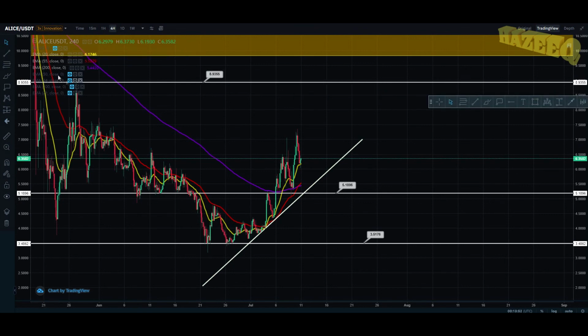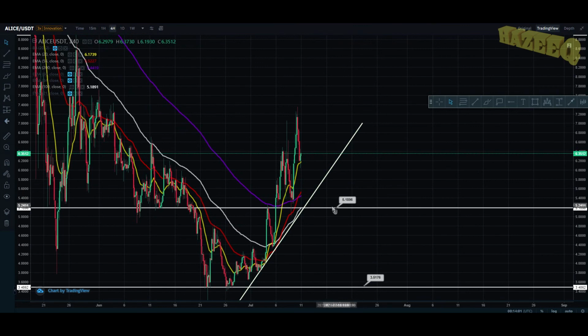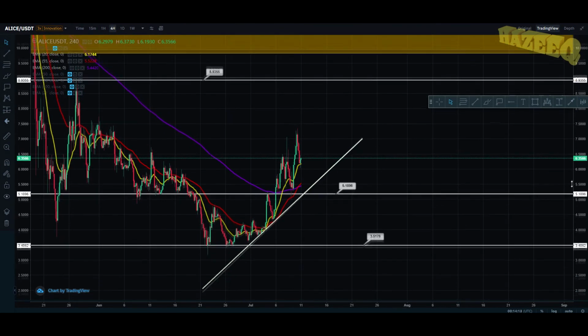I don't often use the 100 EMA, but sometimes I do. The 100 EMA, as you can see right now, perfectly aligns with my support line of $5.18. So it all kind of points towards a little bit of a correction for this project, and that is exactly what we might see.